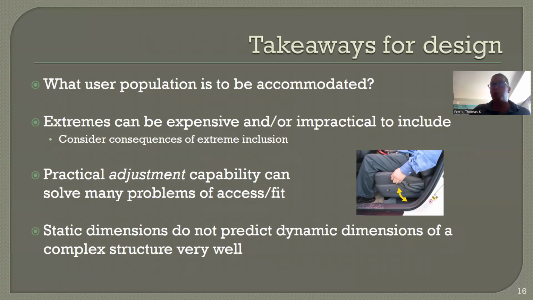Those individually may be super expensive, but overall it's a cheaper approach to let those extreme outliers, when they do become something that needs to be addressed, be handled on an individual basis. Adjustment is a great way to handle that too. This seat size will fit 90-95% of human body types. The other 5%, 2.5 on either side, maybe can be accommodated by some adjustment of the hardware there.